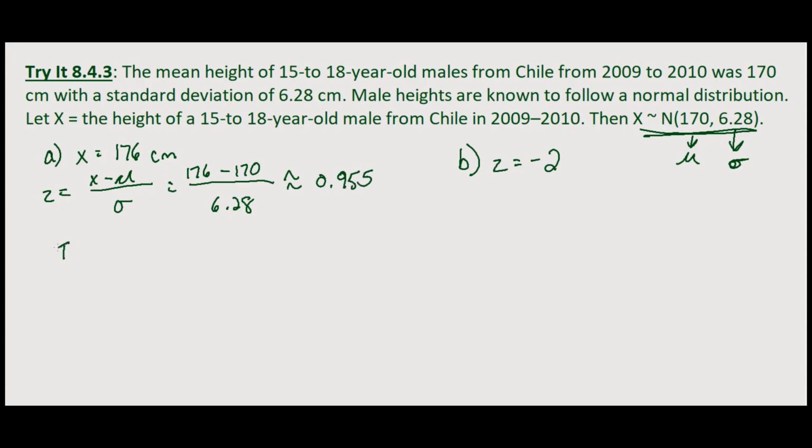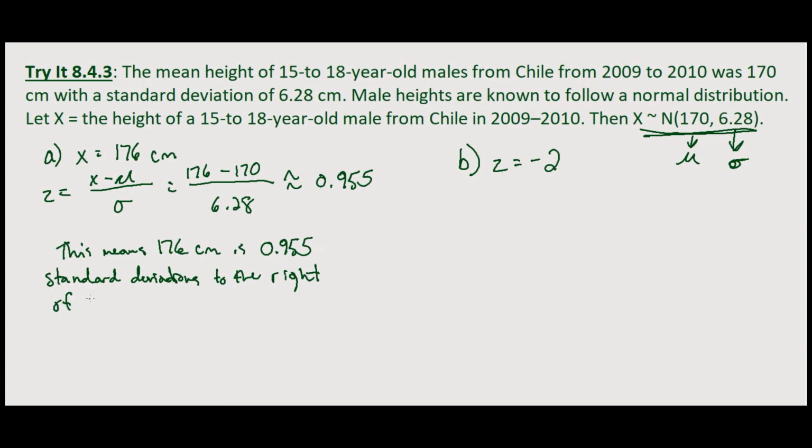So what this means is 176 centimeters, the value in question, is 0.955 standard deviations to the right, because 0.955 is positive, of the mean, which again was given to us as 170 centimeters.